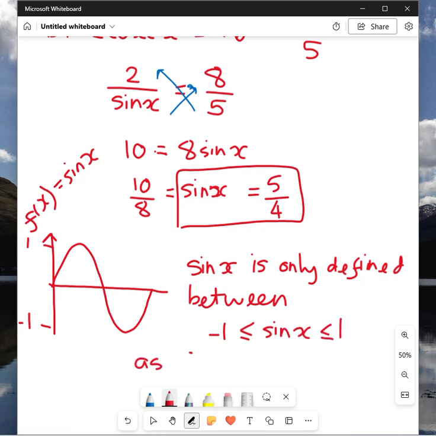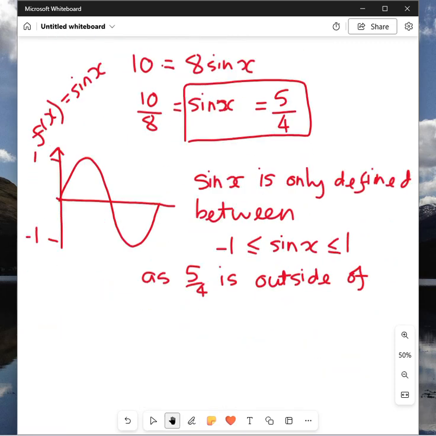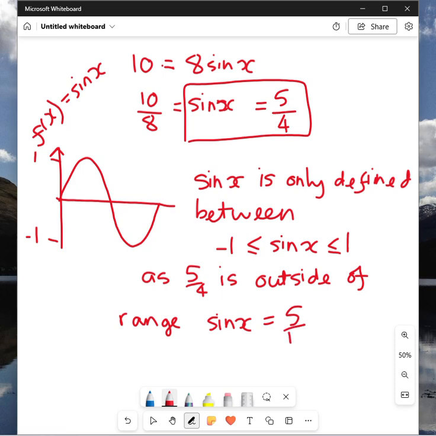As 5/4 is outside of that range, sin x equals 5/4 has no real solutions.